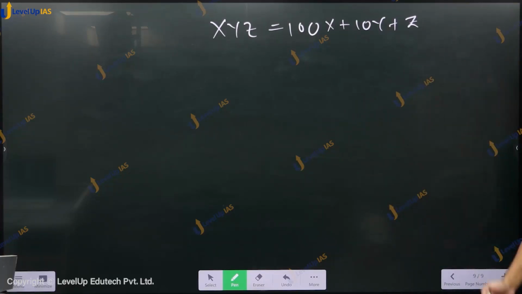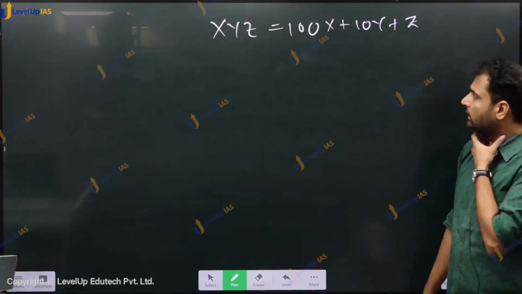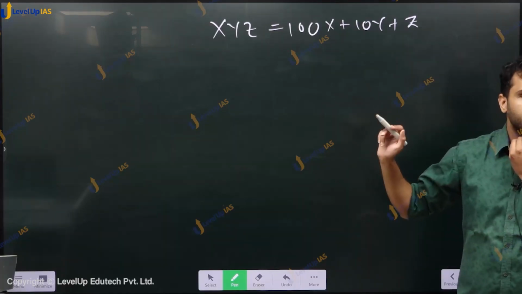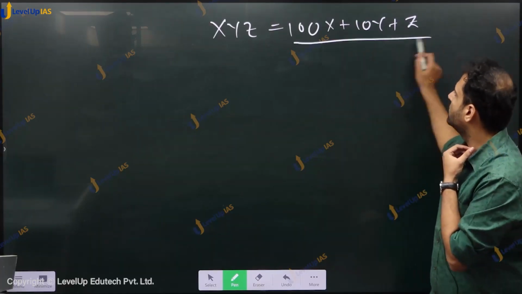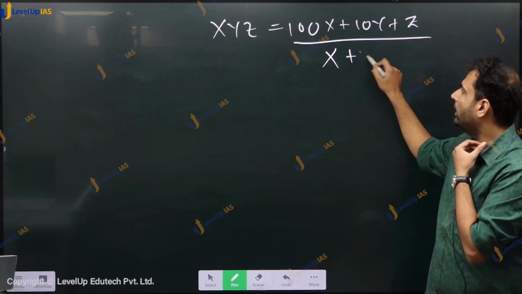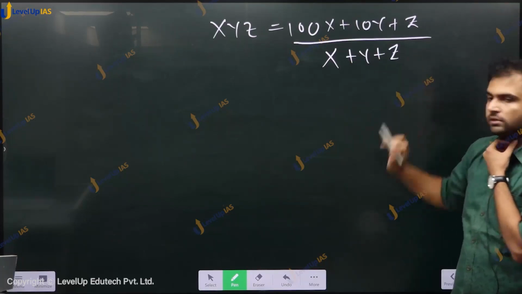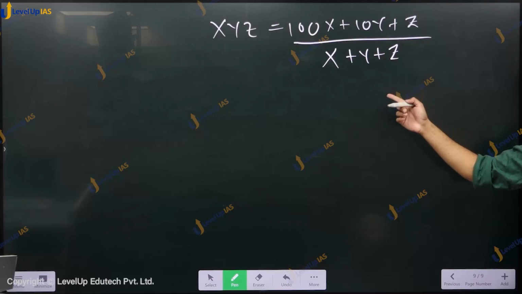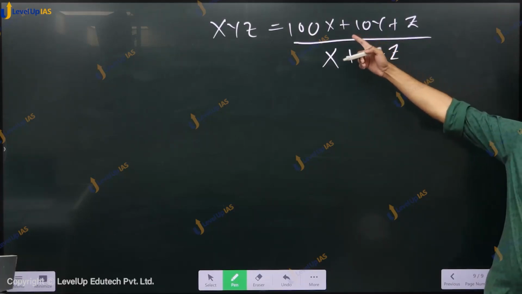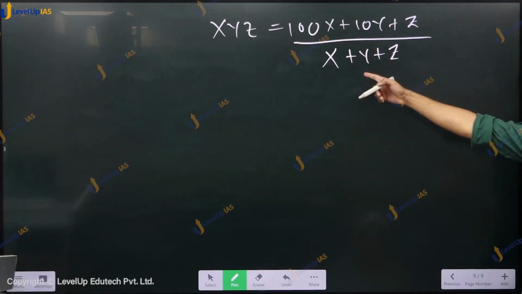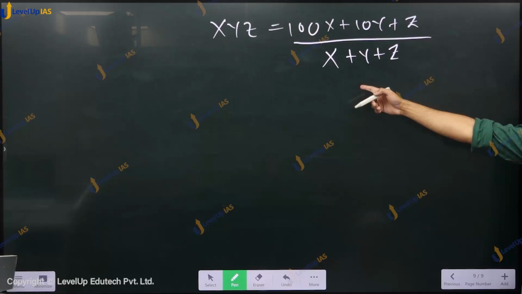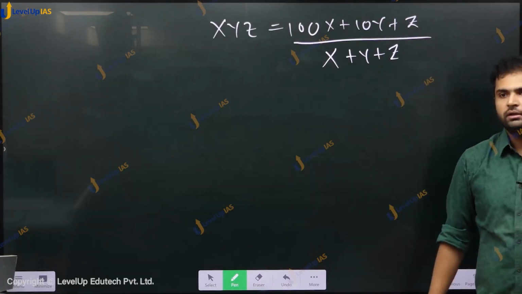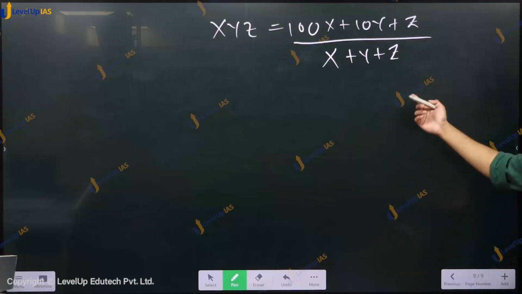So we wrote it as place values, and they are asking for the ratio of this number and the sum of its digits. So this number divided by the sum of its digits, which is x plus y plus z. This is what they are talking about: the ratio of the number to the sum of the digits of the number. Right?